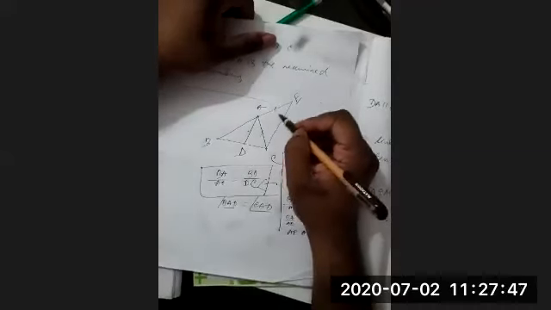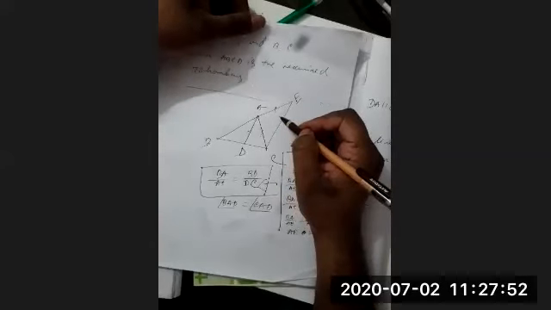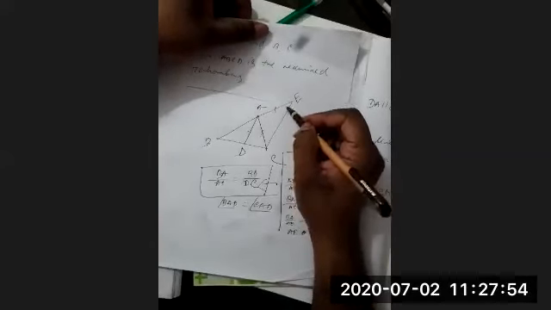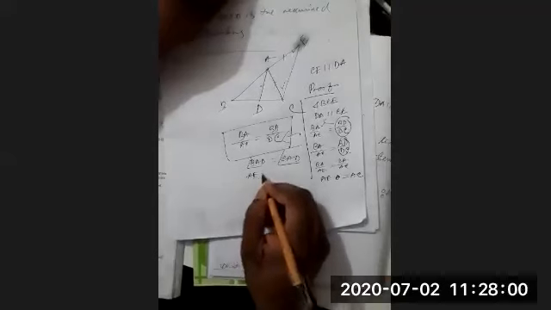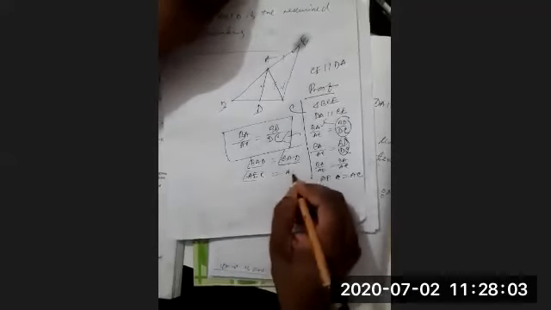When these two sides are equal, the triangle is called an isosceles triangle. In an isosceles triangle, the angles opposite the equal sides are equal, so angle AEC equals angle ACE.